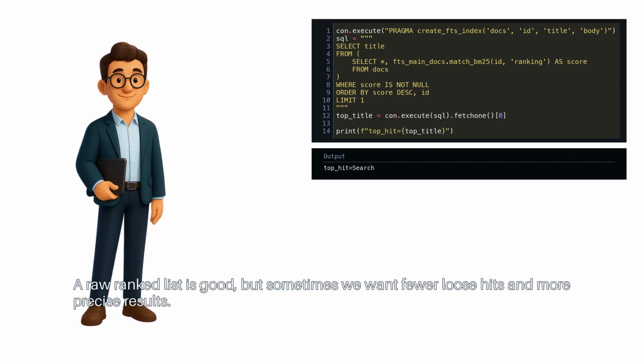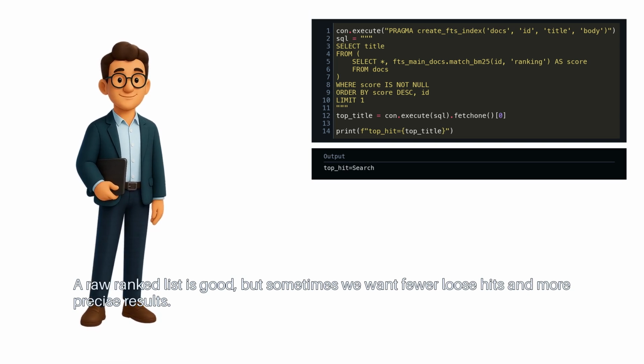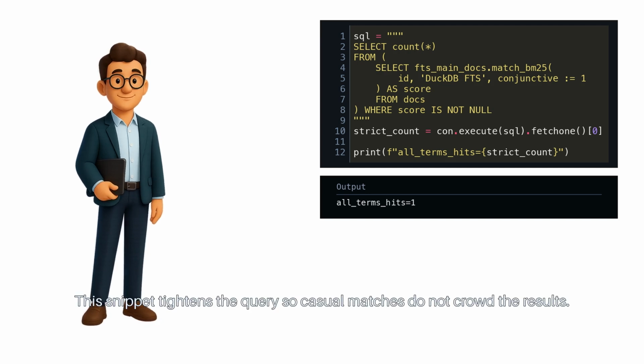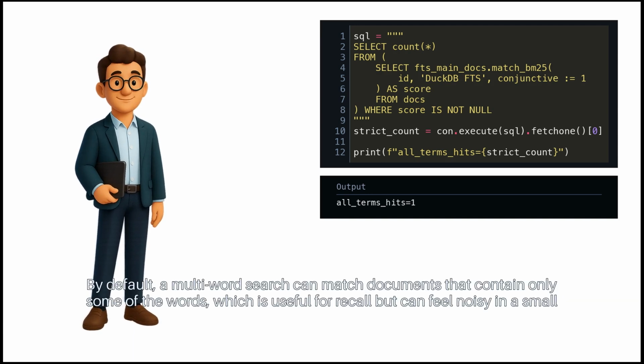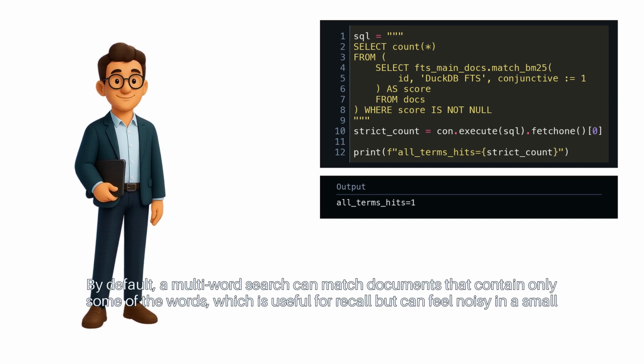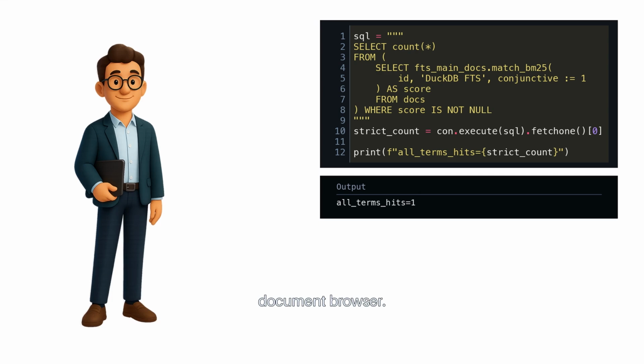substring filtering. A raw ranked list is good, but sometimes we want fewer loose hits and more precise results. This snippet tightens the query so casual matches do not crowd the results. By default, a multi-word search can match documents that contain only some of the words, which is useful for recall, but can feel noisy in a small document browser.